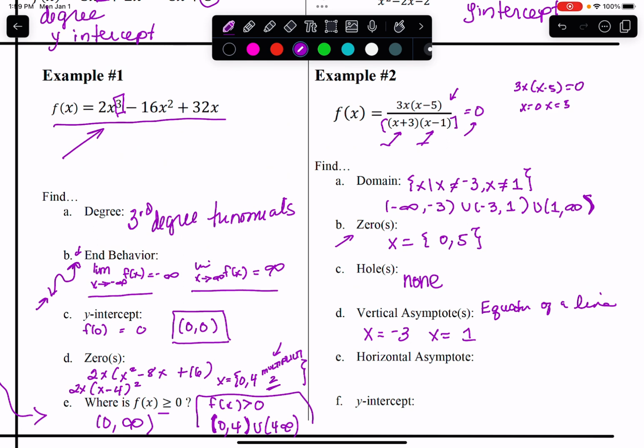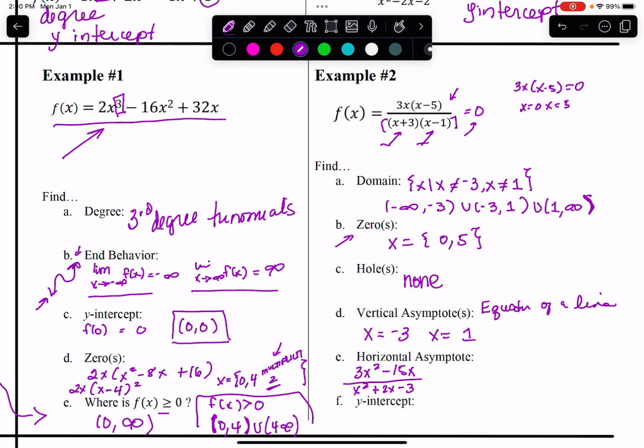Now, horizontal asymptotes, we might want to go back and put this in general form to try to find our degrees and things. So I'm going to multiply the top out, 3x squared minus 15x. And on the bottom, I would have x squared minus x plus 3x plus 2x minus 3.